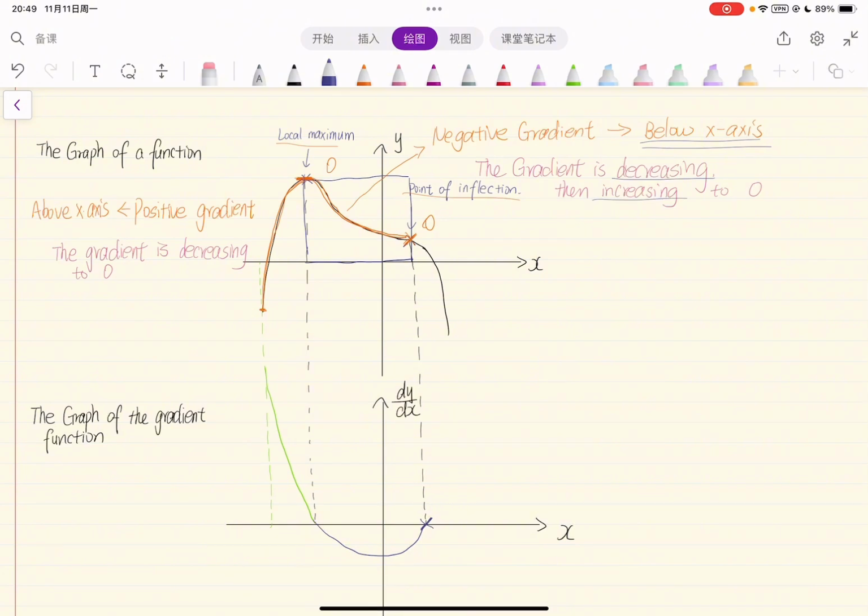Now we have the final part. In this part we can see it has a negative gradient, which means the curve of the gradient function is below the x-axis.